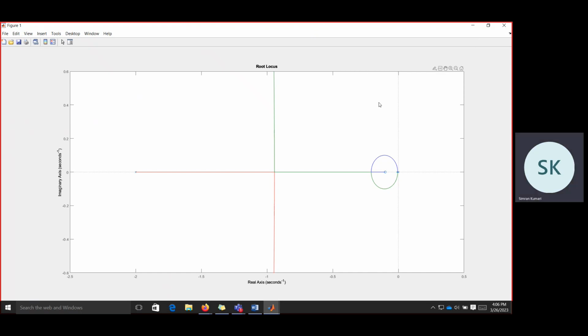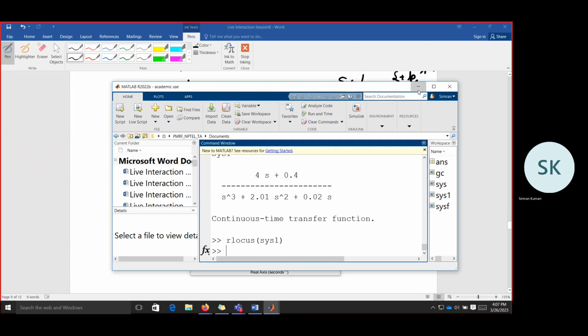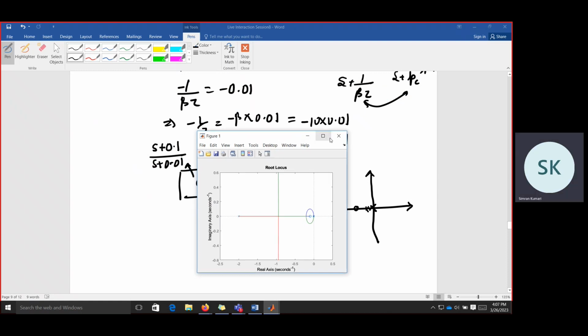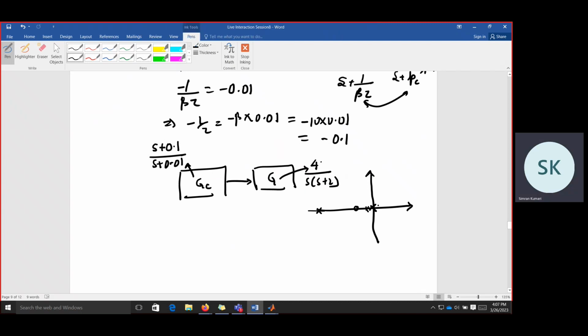So this is the root locus of this one, and the open loop poles, at gain k equal to 1 because we have included this gain.